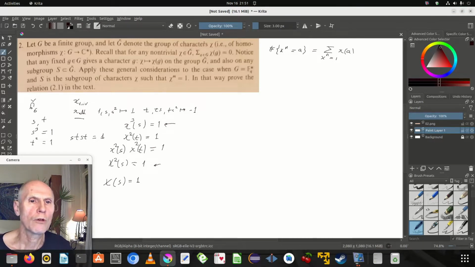So if we take the sum over all of the g's, the trivial one gives 6, of course, and the non-trivial one, 0, as it says. I didn't know this, so how can we prove it?